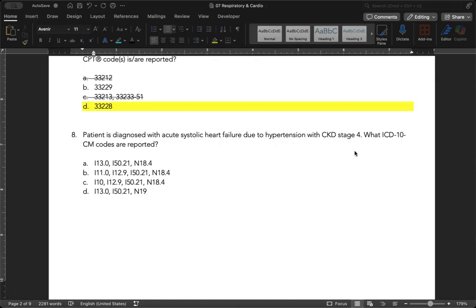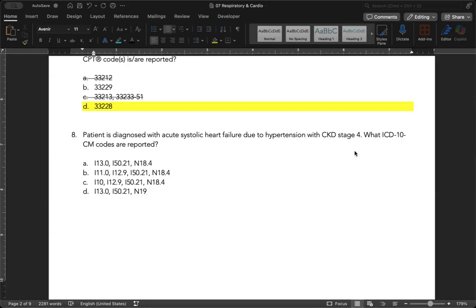So we have to go hypertension, and then you go down to with, we have heart involvement and then kidney involvement, right? So if we have both, then we need to go to cardio-renal, because cardio for heart, renal for kidney.